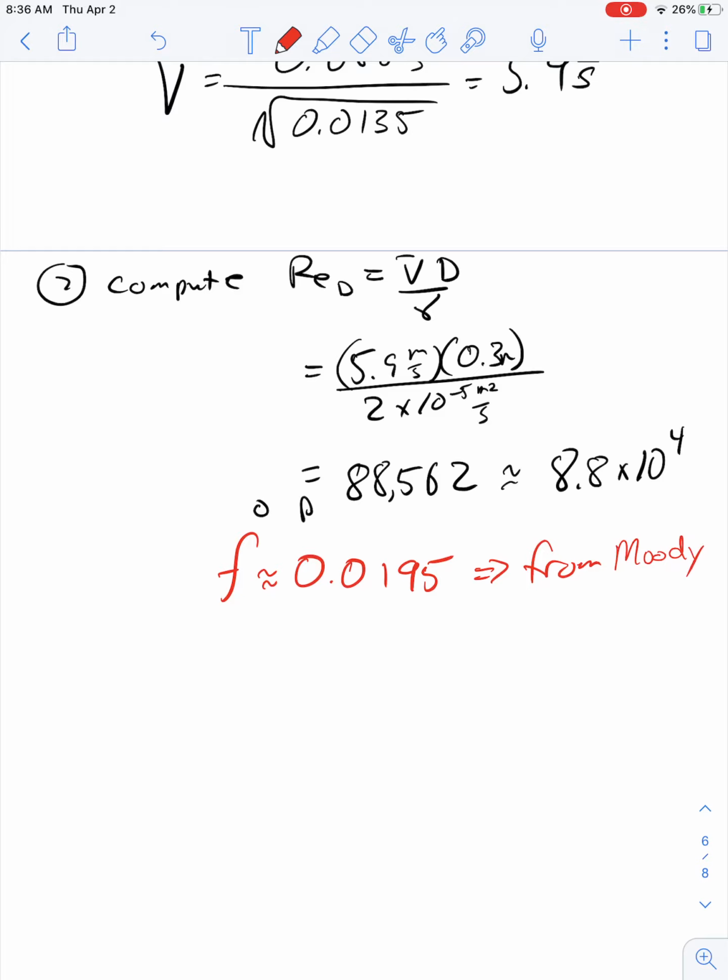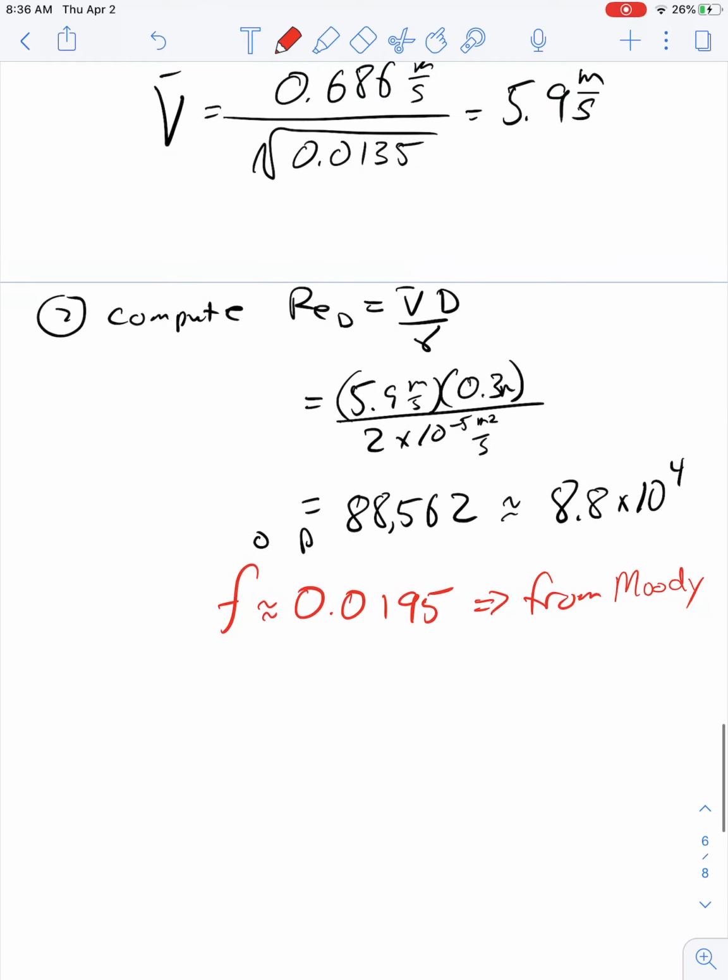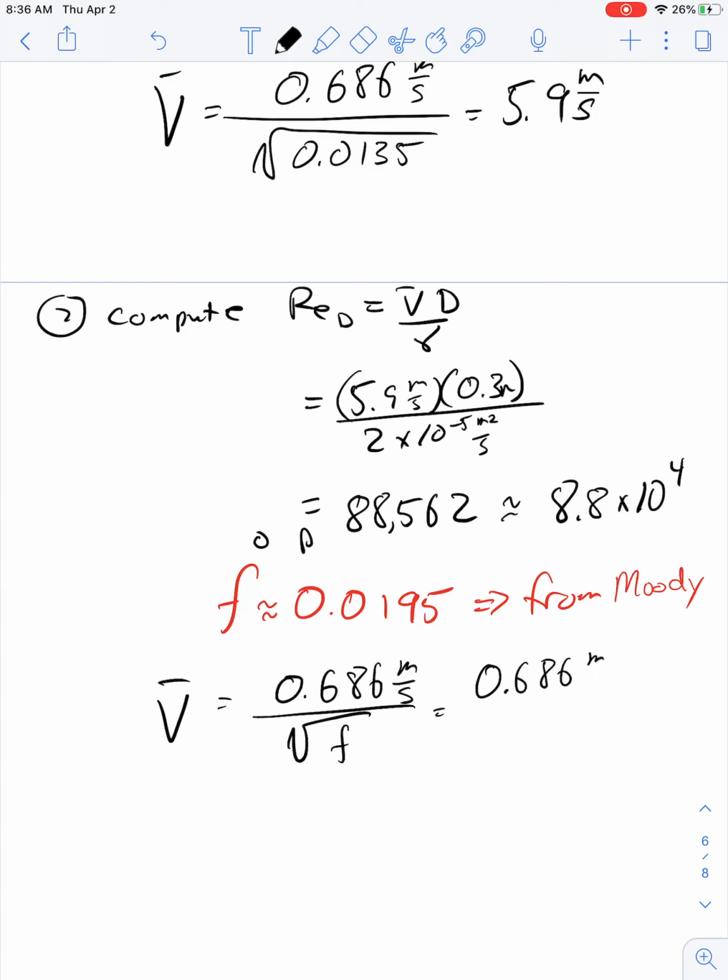All right, so given that friction factor, we can now recalculate our velocity. So we have the average velocity equal to 0.686 meters per second divided by the square root of our friction factor. That's our equation. 0.686 divided by the square root of 0.0195.